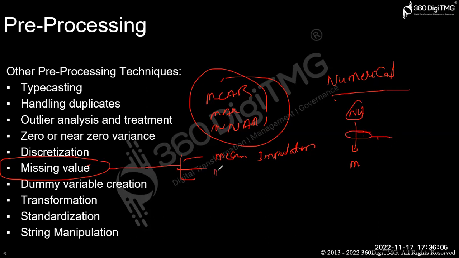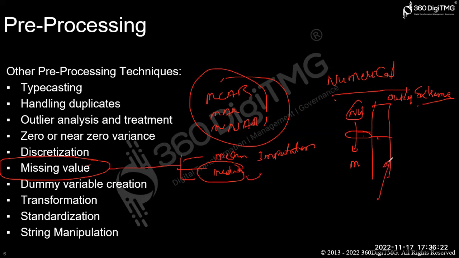And then we have median. If the numerical values have an outlier or extreme value, we'll find the median and replace with the median. And then we have mode. Mean and median are for numerical data, and if you have categorical data, in that case we will be imputing using the mode. These are the missing value imputations.